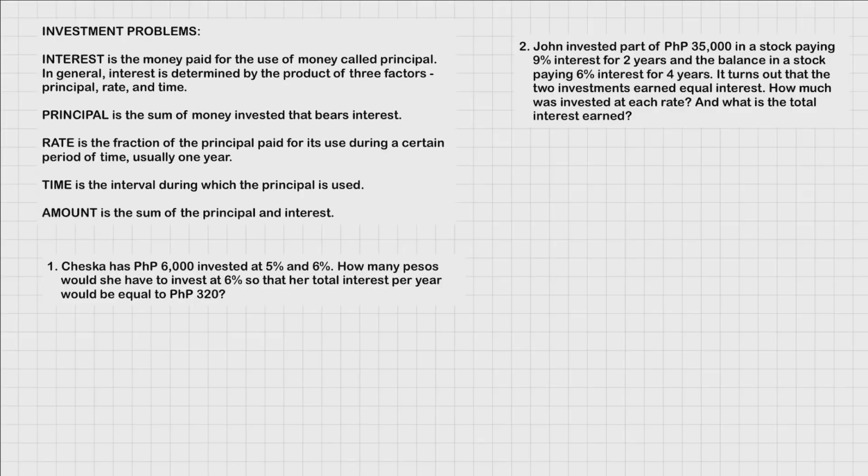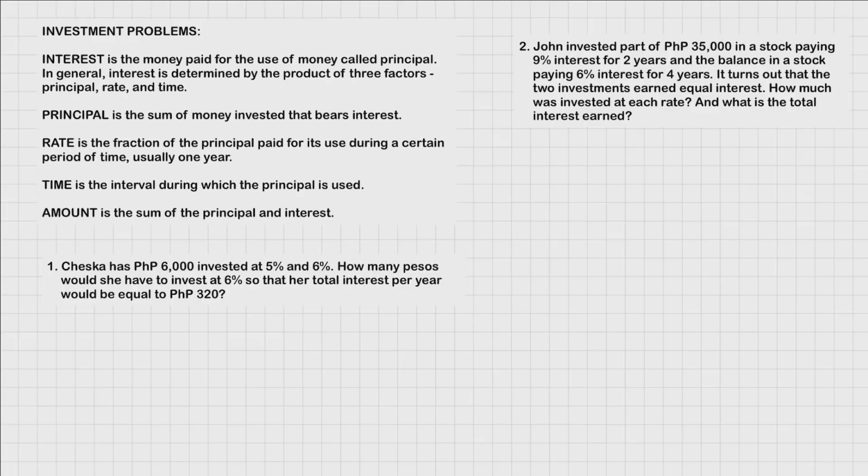Right. So let's try and solve some problems. So Cheska has 6,000 pesos invested at 5% and 6%. Now, how many pesos would she have to invest at 6% so that her total interest per year would be equal to 320 pesos.